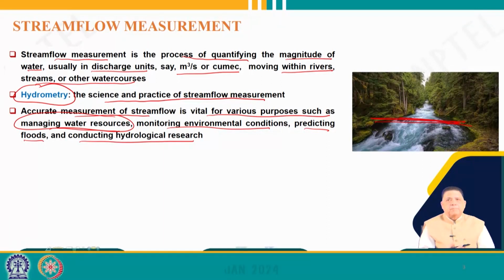As you remember, in the introductory lecture I also gave you the water resources of the country, because we must know how much water is available, and only then can we think about managing it. We can predict floods in case of higher flows, or monitor environmental conditions if flows are low, and of course, for carrying out any kind of hydrological research, you require streamflow.